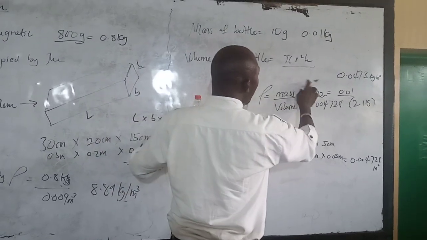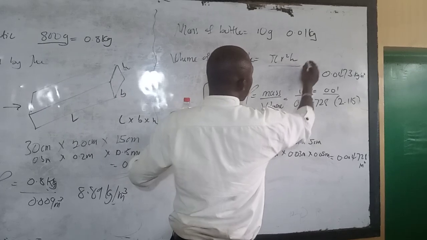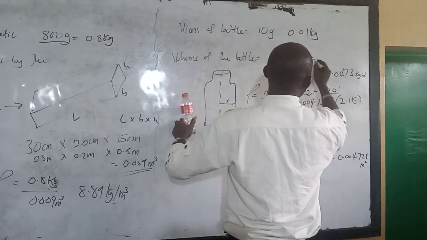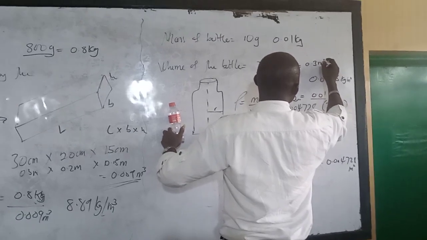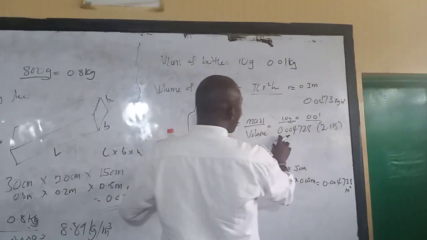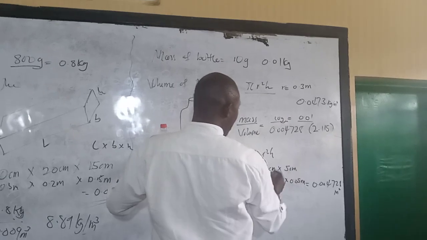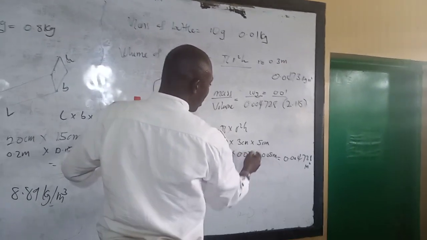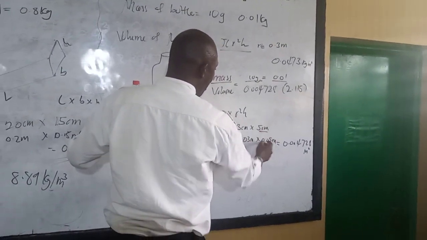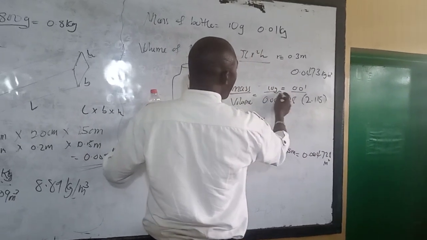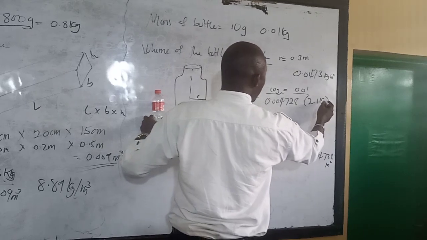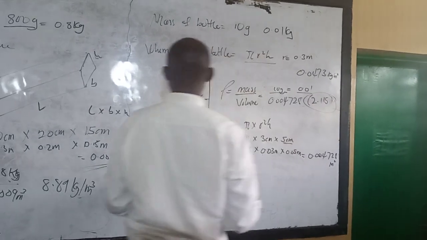If you substitute everything, the radius given to us is 0.3 meters. If you substitute all in this equation, 0.3 meters and this is the height, in meters, you get 0.047. You compare the mass and the volume, you get a value of 2.29.